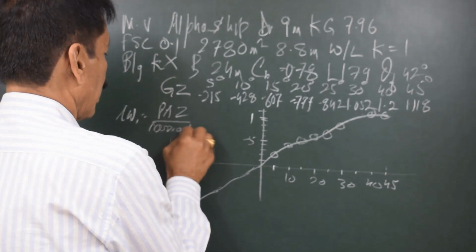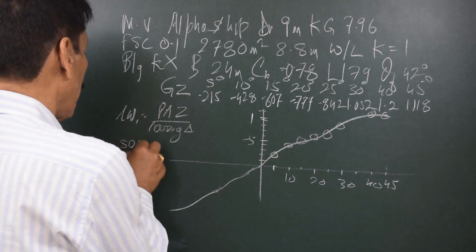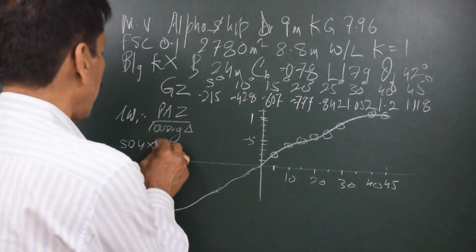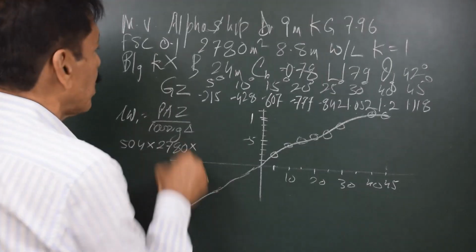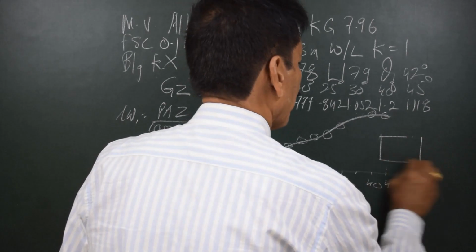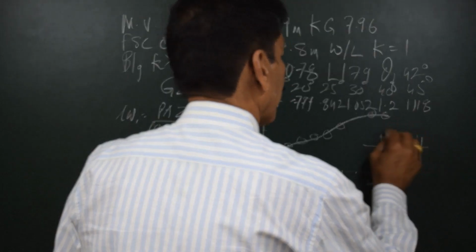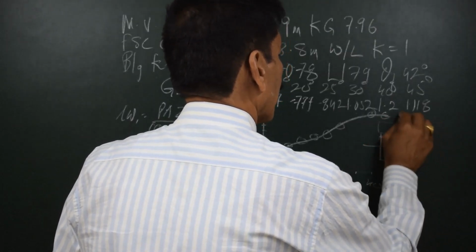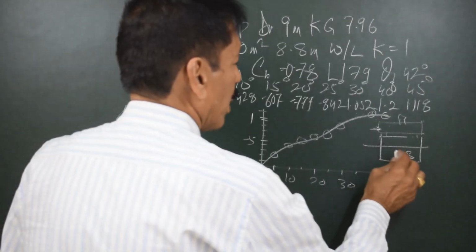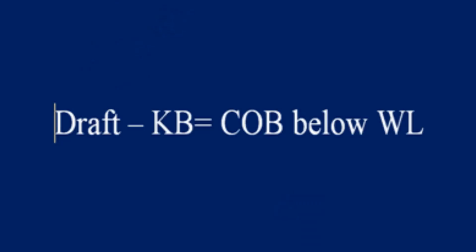LW1 is equal to PAZ upon 1000 G delta. Now P is 504 newtons per meter square. A is the windage area that is given as 2780, and Z is the vertical distance between the center of buoyancy and the center of windage. Suppose here's the ship, this is the waterline, this is the center of buoyancy, and the average center of windage is 8.8 meters above the water level.